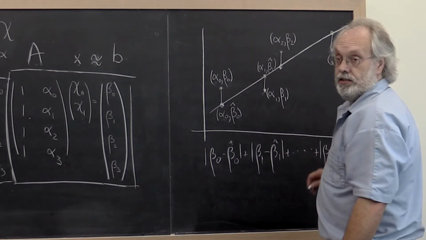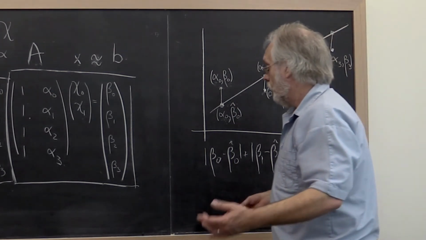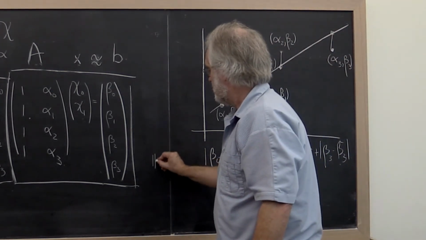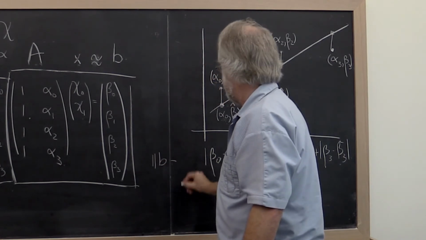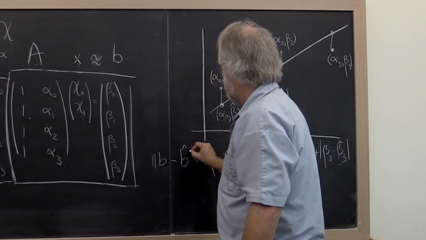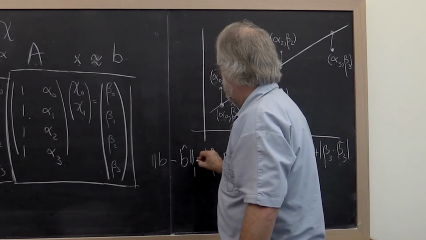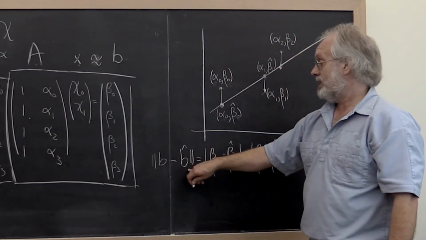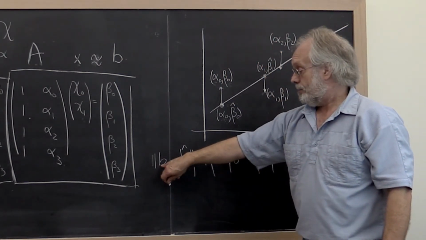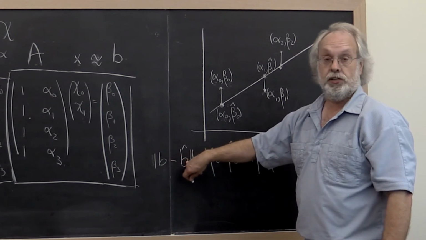And if you look at this, you see we can more succinctly write that as b minus b hat in 1 norm. So we're trying to minimize the one norm of the difference between these two vectors.